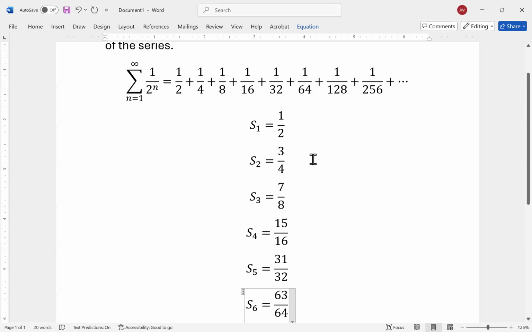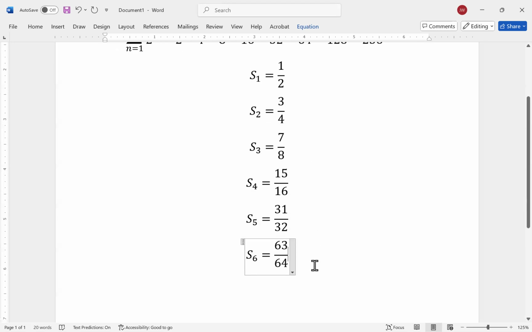So here are the first few partial sums. Now, hopefully we see a pattern. Notice that the denominator is always 2 to the nth power. So 2 to the first, 2 squared, 2 to the third, 2 to the fourth, 2 to the fifth, 2 to the sixth.